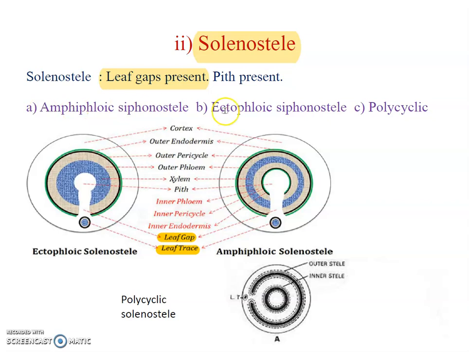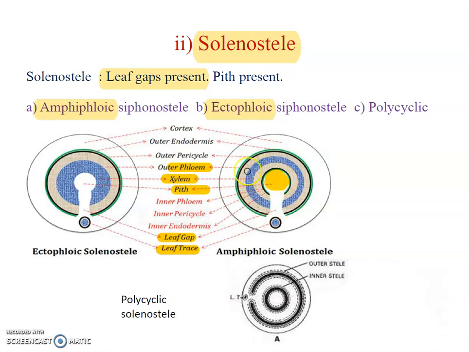In this solenostele, ectophloic siphonostele, this is the pith, this pith is surrounded by the xylem, and xylem is surrounded by the outer phloem. Here this is called ectophloic siphonostele or solenostele. Here amphiphloic siphonostele or solenostele, in which this is the pith.